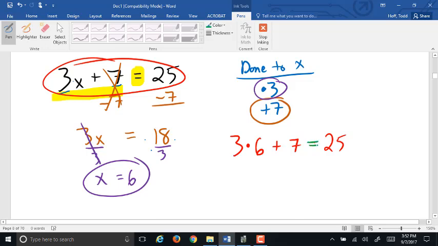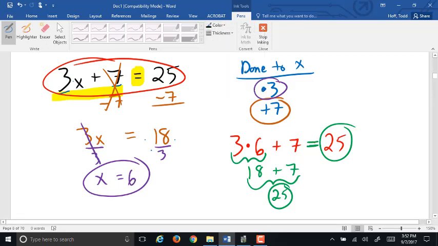Well, we're going to combine just on the left side over here. 3 times 6 is 18. 18 plus 7 is 25. So we have the same value on both sides of the equation.